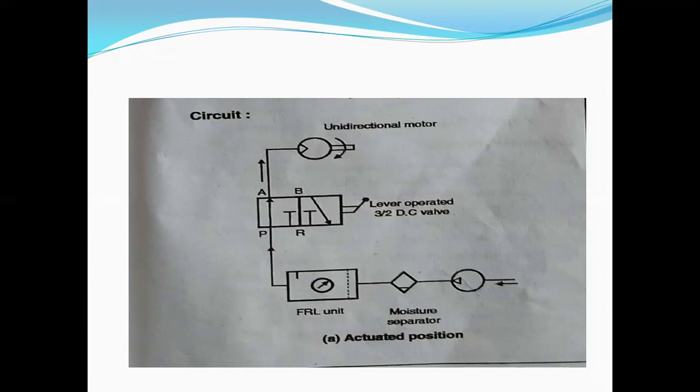When we cut the supply, due to inertia the motor keeps rotating with decreasing RPM, and the air goes from B to the muffler.